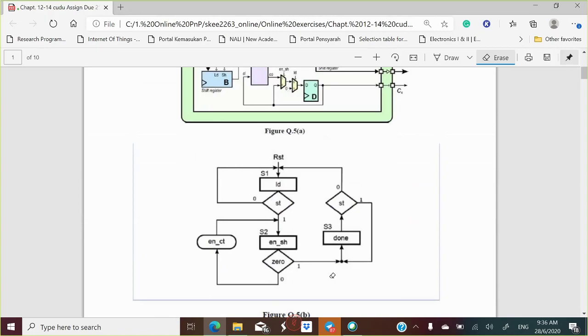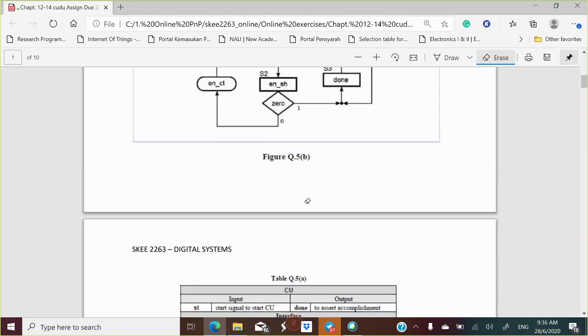For example, some of you keep the start on all the time, or enable shift on all the time, or zero, this one is the input, ST and 0, right? And you keep it on all the time and it still works, because the waveform just looks slightly different, but in the test it's not going to be like that.